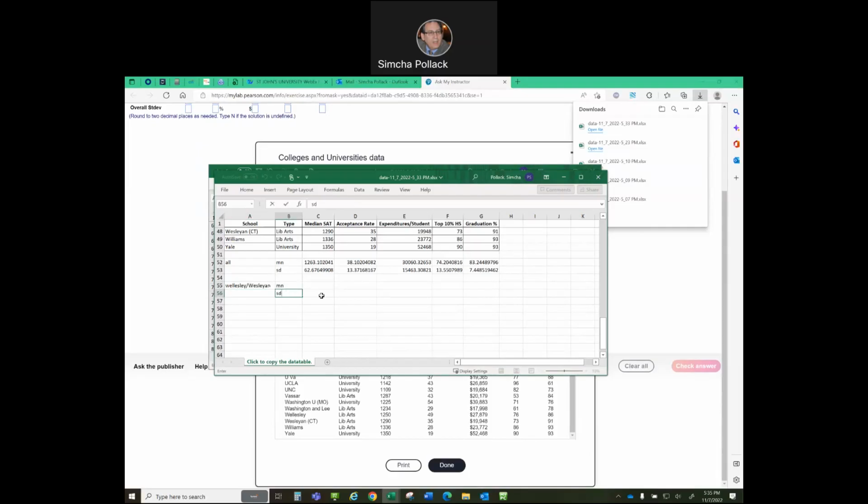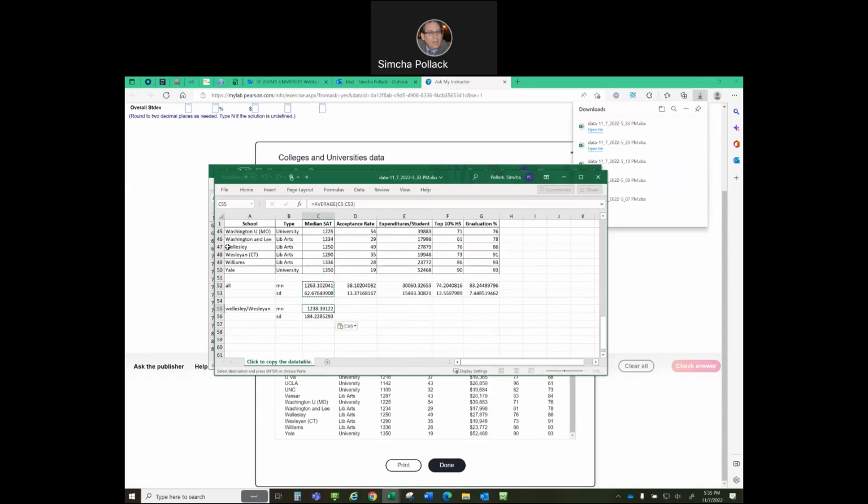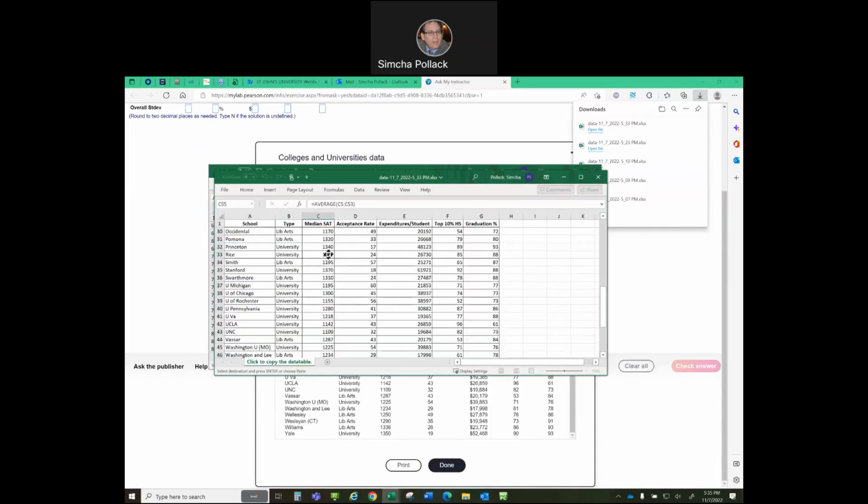So one way of doing that is simply to copy and paste. But of course, now we're not only interested in all 50, now we just want rows 47 and 48.